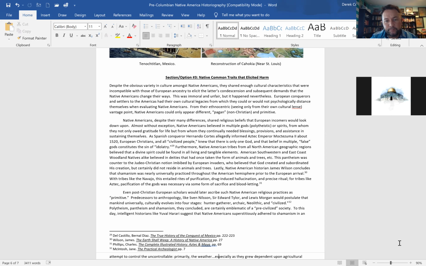Shamanism, Native American individuals coming as go-betweens between the gods and men, and engaging in purification rites and engaging in sacrifices of different sorts and placating the gods through rituals.